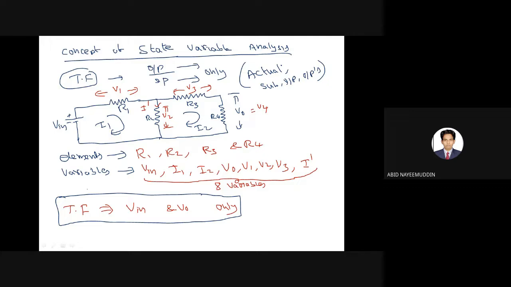The information related to sub input variables and sub output variables, you won't get from the transfer function. Only initial input and final output, that knowledge only you are going to get.